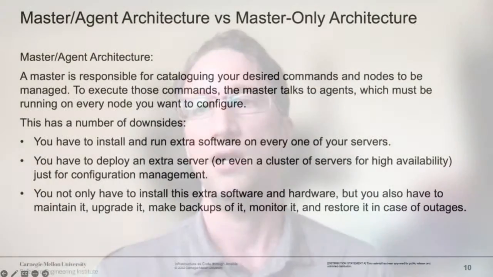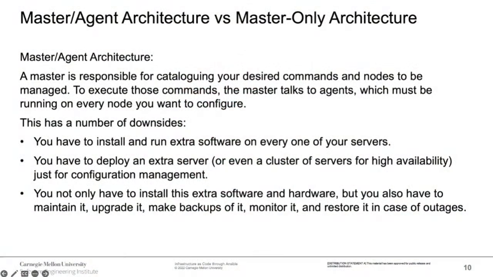Which brings us to master agent architecture versus master only architecture. So master agent or client server, this is sort of a classic old school example where you have a master that's responsible for cataloging all of your infrastructure code and the nodes that you're going to manage.